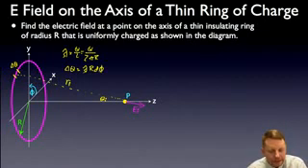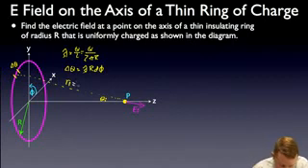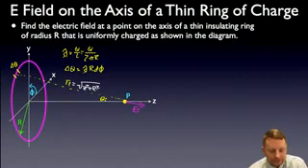I think we're just about there, but let's take a look at a couple more items. Ri, just like we did in our last problem, we make a right triangle here again, where Ri is equal to the square root of z squared plus r squared.